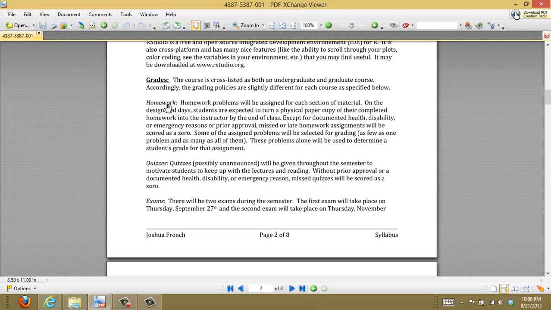When it comes to grading these homework assignments, not every single problem may end up being graded. I might grade as few as one and as many as all of them, depending on what we're going through, my time, etc. Simply because this is going to be a large class. They actually opened up this class to more students, so it's unusually large, but we'll make it work together.